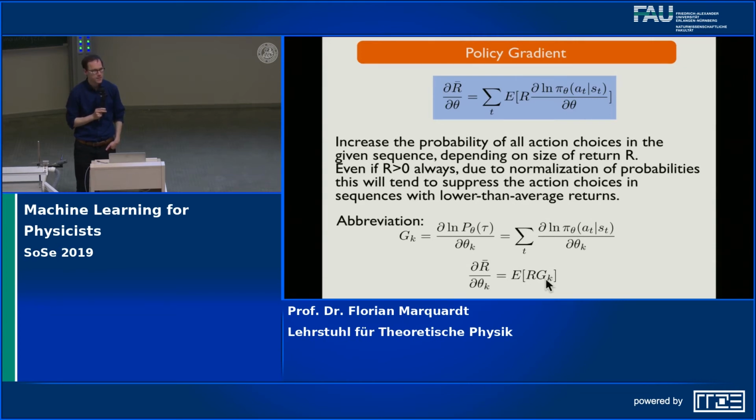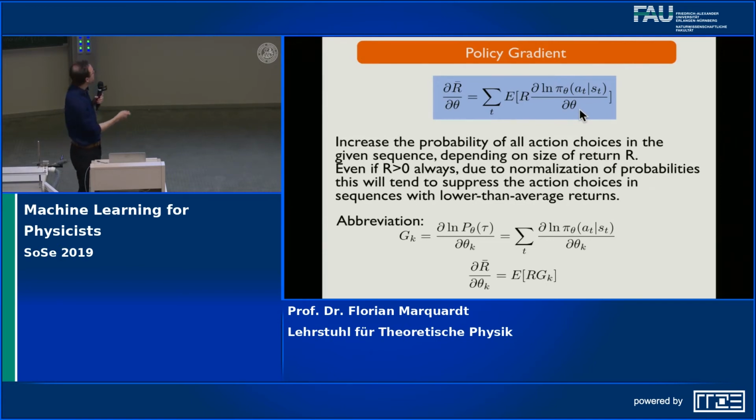So qualitatively, really, you just run many trajectories using your policy, which gives you the probabilities to do actions. You always take note of the string of actions that you actually took. You have to remember them, because at the end of the trajectory, you get a value that is the return. And then you multiply this return by this logarithmic derivative. To calculate this, you should know how your policy depends on the parameters, of course.